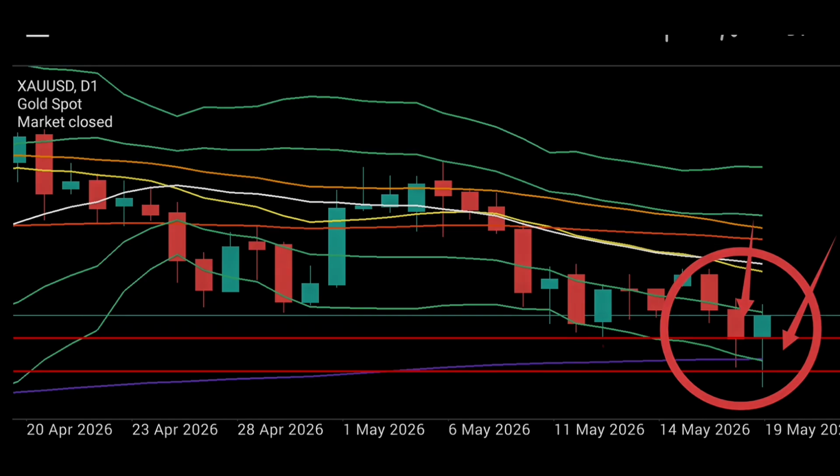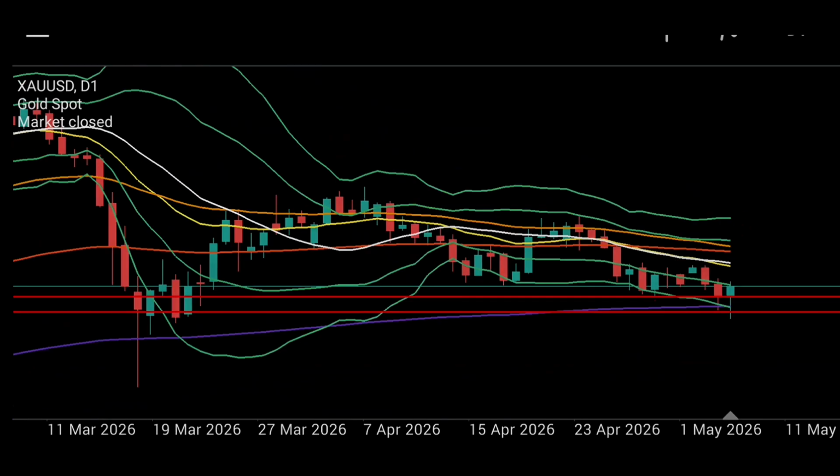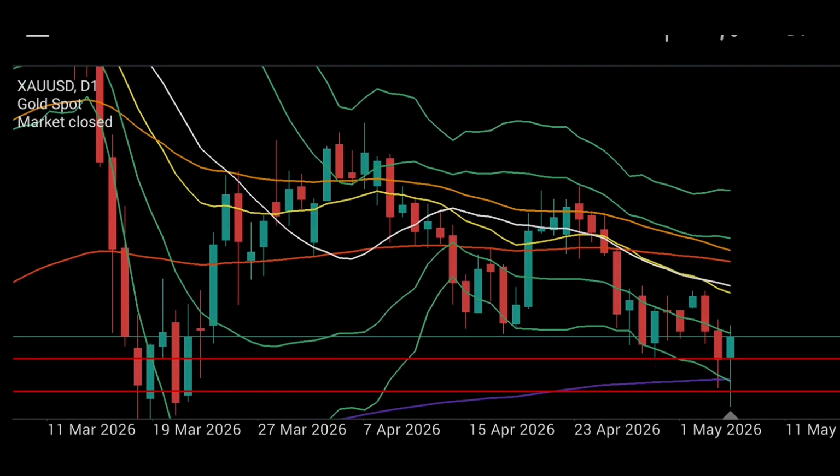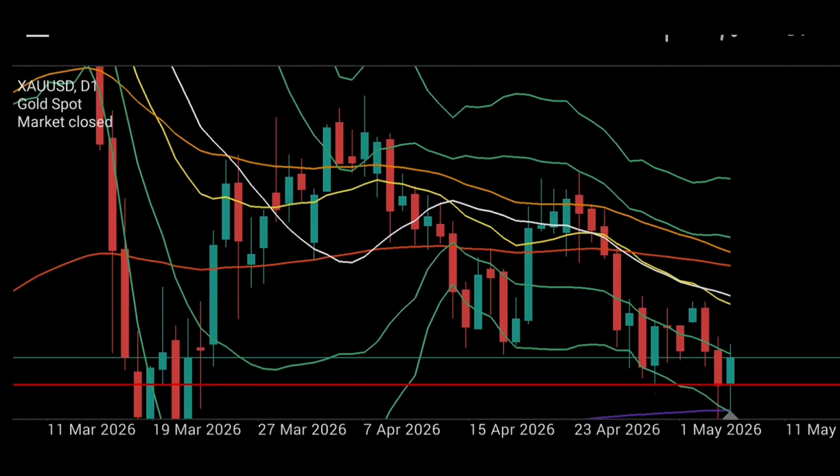But I can see a huge buying pressure from this spot because of this longer wick that we have here and this strong candlestick. I can see it going up at least for one candle, but you need to be careful because the market is ranging and it could go against you from this spot.